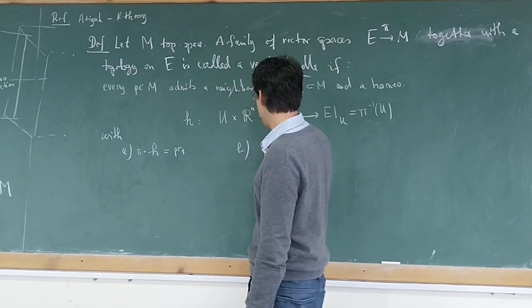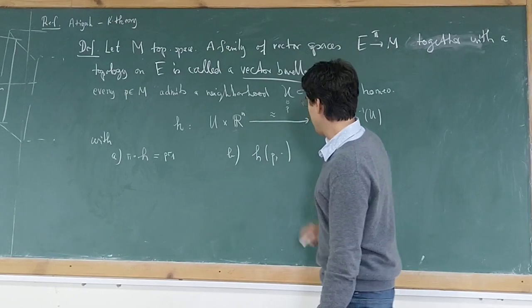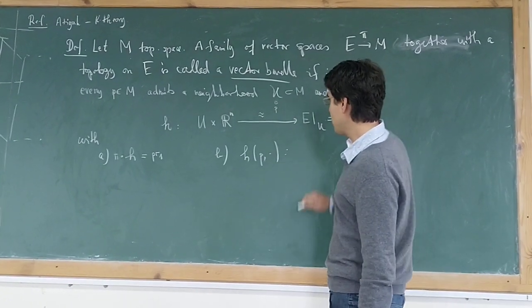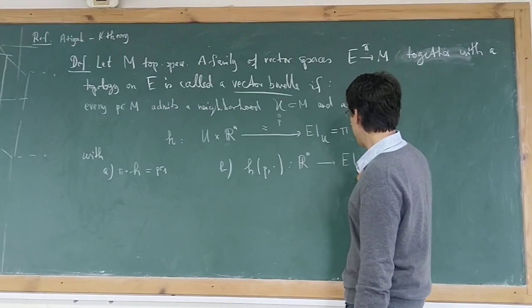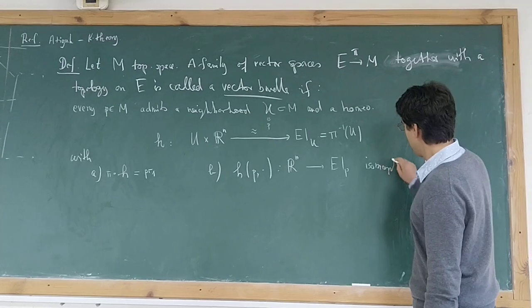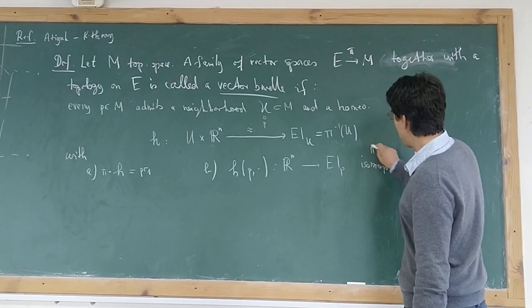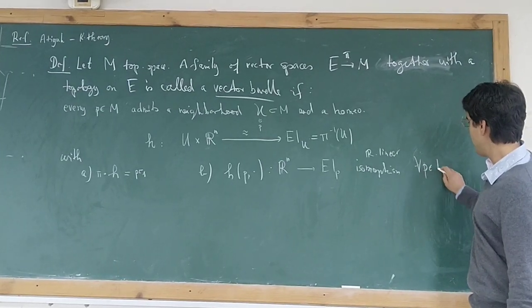The second condition is that H_P, with a variable second argument, is a map from Rn to E restricted to P, and this needs to be a linear isomorphism for all P in U.